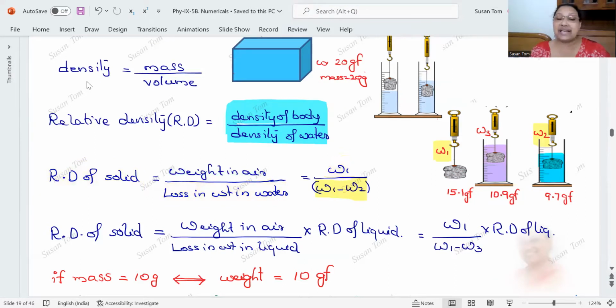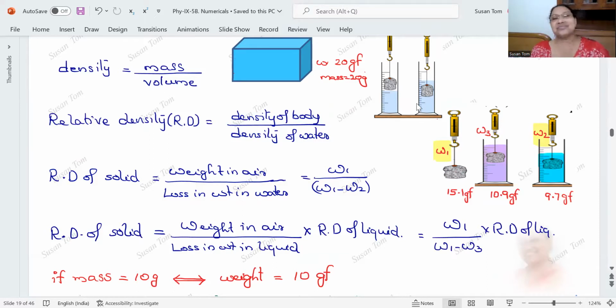And what is the speciality? It is not soluble in water, that is why we can immerse it. It should not be soluble. Secondly, it should be heavier than water, then only we can completely immerse it in water. Under these two conditions, we can use this method to find the relative density of a body.